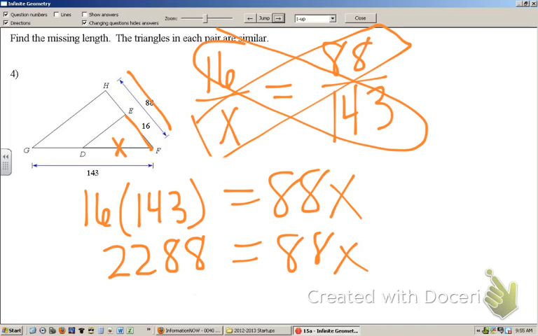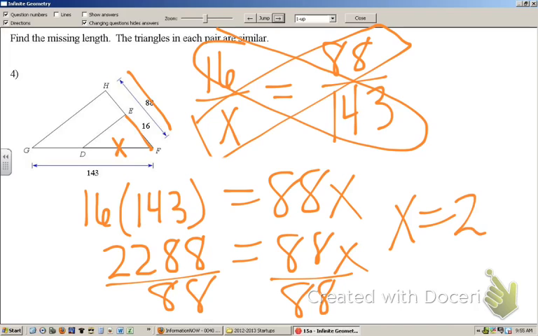So 2288 equals 88x. Solve for x by dividing by 88. And I got 26. Hopefully my math is correct. All right, moving on.